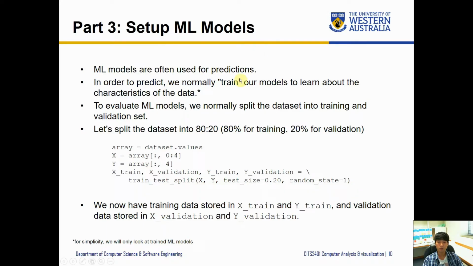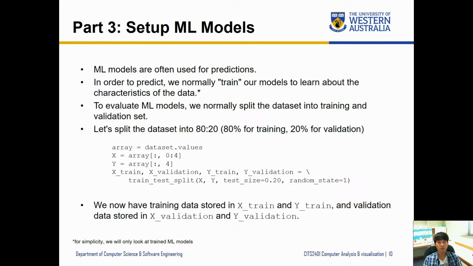In order to do this, most machine learning models will need to be trained. For simplicity, we'll be looking at trained machine learning models, but there are untrained models or reinforcement learning, and there's lots of learning. However, that's outside the scope of this unit, so you don't have to worry about that.